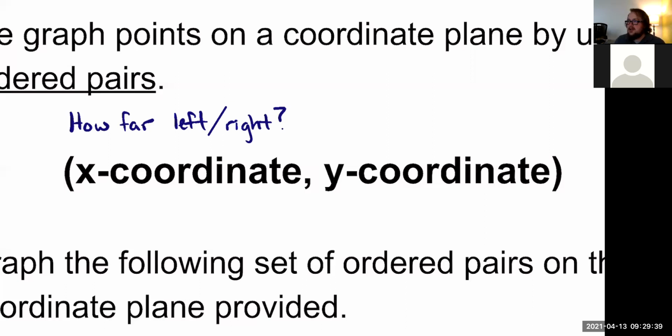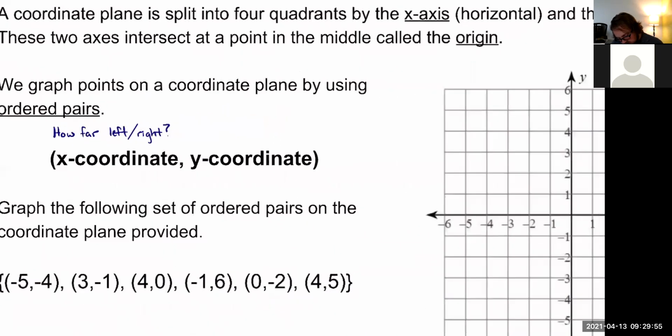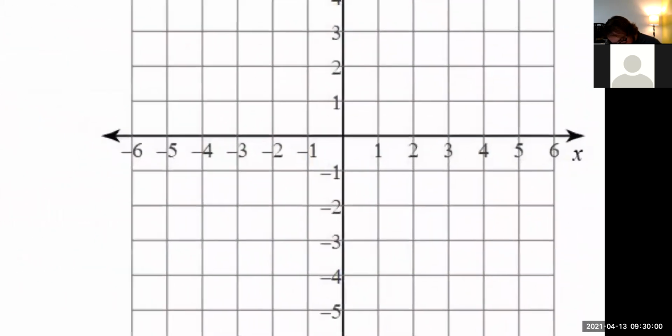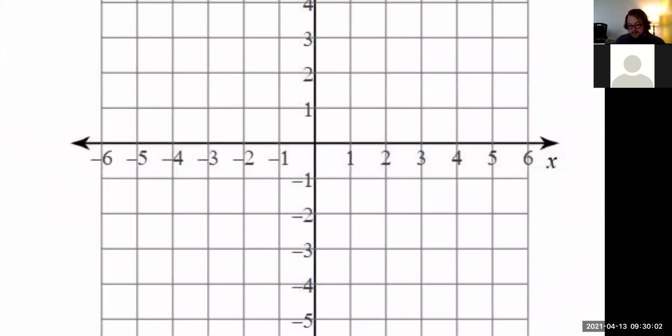Any ideas how to distinguish whether you're going left versus right? I'll give you a clue. We've actually already dealt with this scenario a little bit. If you were to ignore all the grid marks and everything else, the x-axis really is just a number line. Origin is our 0 in the middle.